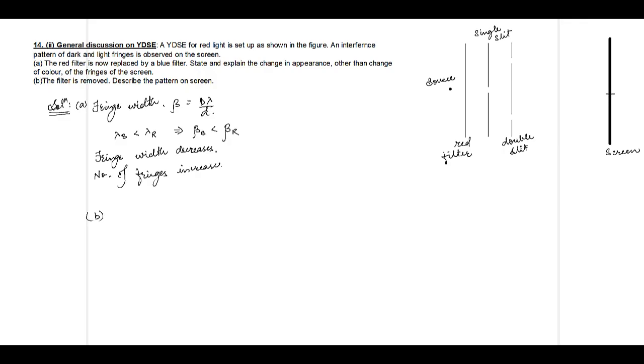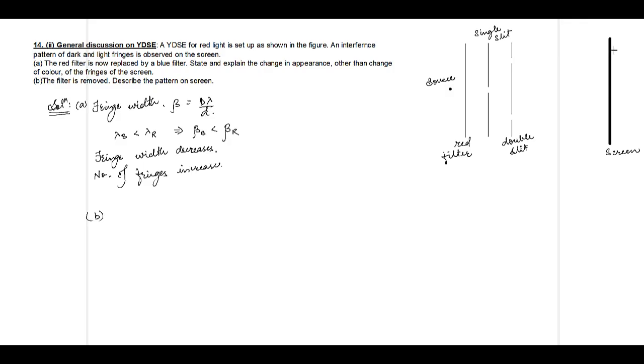But as we go above or below this point, there will be points where, let's say, red has a maxima but blue and the other colors do not have a maxima at the point where red has.